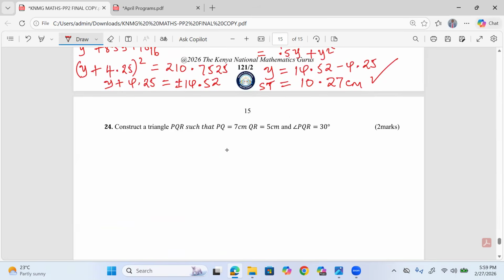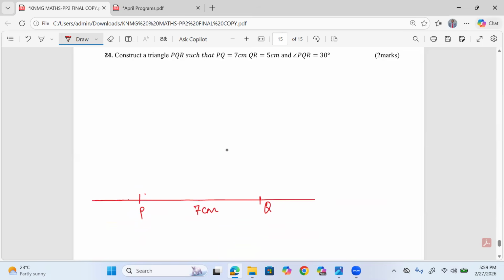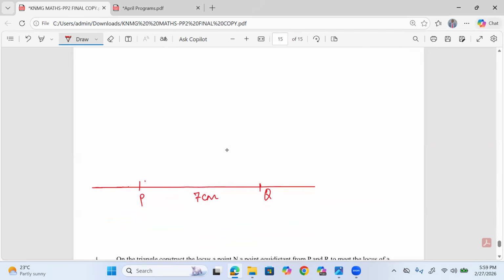From this, we can also talk about the angle at Q to be equal to 30. Okay, we've not been told not to use a protractor, but it is good for you to know how to construct special angles without protractors. So for us to construct 30, we need to stand at Q. We use an arc like this.